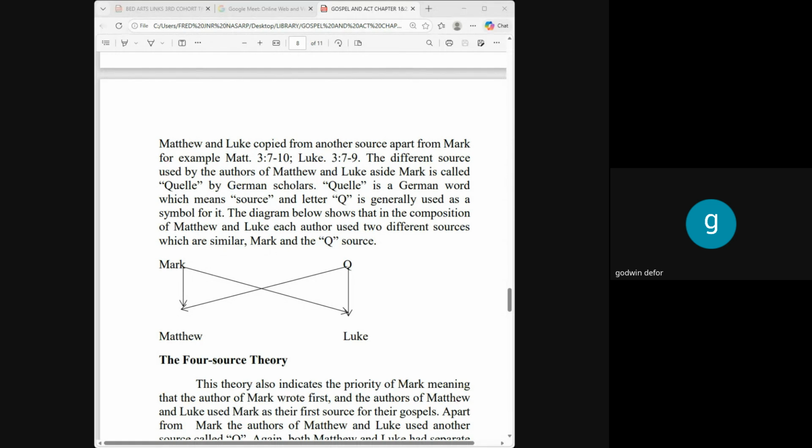So the answer can be yes or no. Since at the initial stage it was in oral form, the eyewitnesses passed it on to a particular generation, and some of them wrote the gospel. Now let's move on.